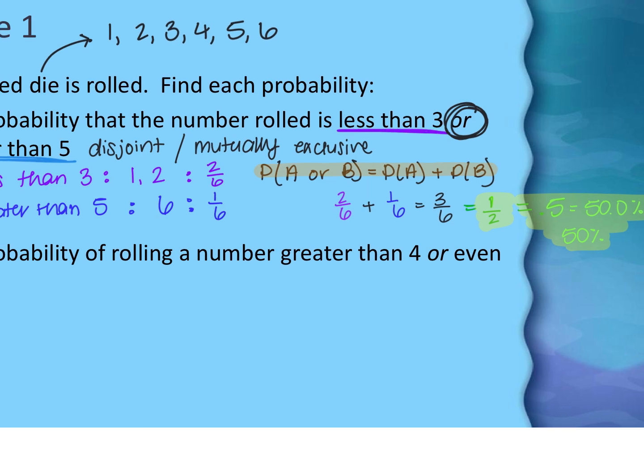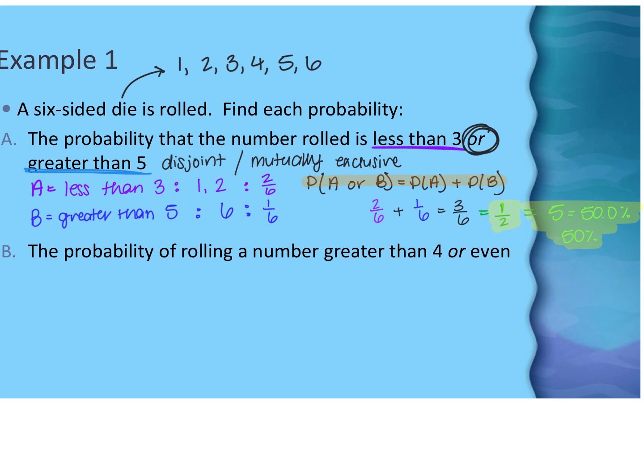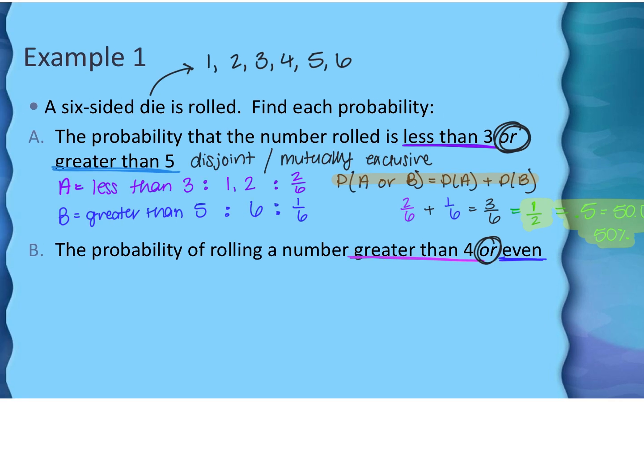All right, looking at the next one, this says the probability of rolling greater than 4 or an even number. So let's go ahead and do one that's greater than 4. So this is the first thing that I'm looking for. It says the word or, and it's then giving me even.